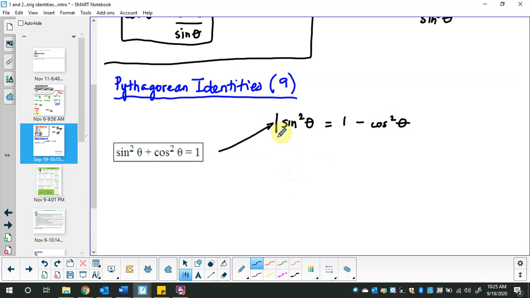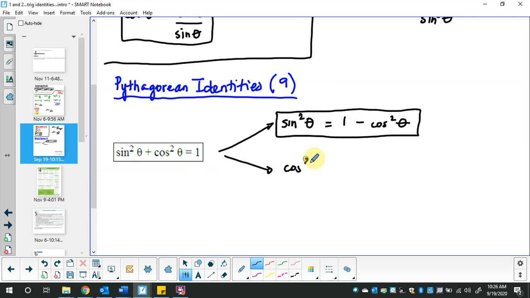And I think that is a very useful second Pythagorean identity, even though it's not all that different. It's nice to have it written on the page. So that's my number 2 or 3. The other one is just the other direction, as in leaving the cos squared on one side of the equal sign and bringing the sine squared over to join the 1.